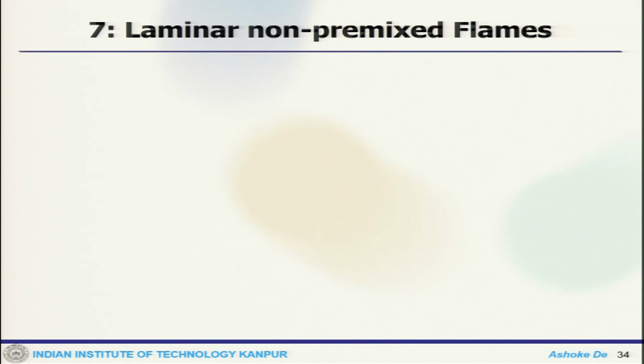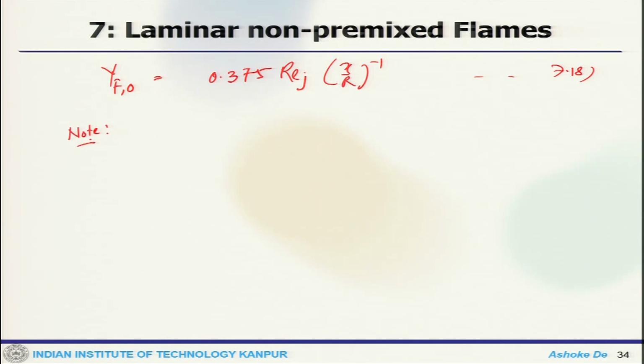Similarly, one can find out the central line values of the mass fraction. So, the central line value of mass fraction, Y_F naught, would be 0.375 Re_j. It is similar to the velocity profile. Now, again one has to note all these solutions are valid far from the nozzle.